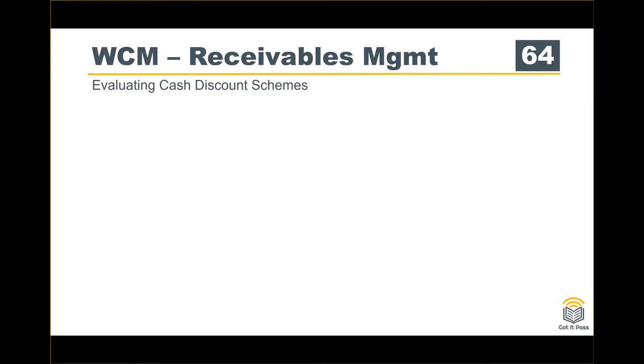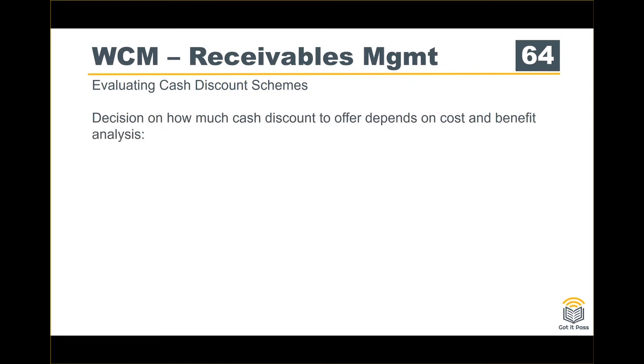So next topic is evaluating cash discount schemes. So how to evaluate cash discount schemes? The decision on how much cash discount to offer depends on the cost and benefits analysis. So in this case, you have to identify what the cost of granting this cash discount is, and also what the benefits from granting discount are.